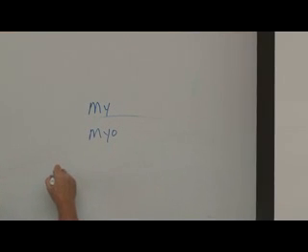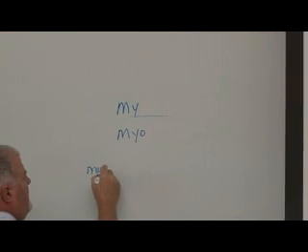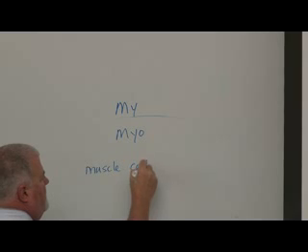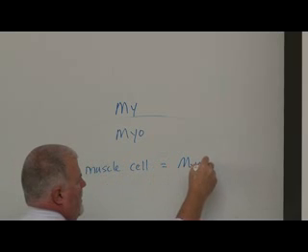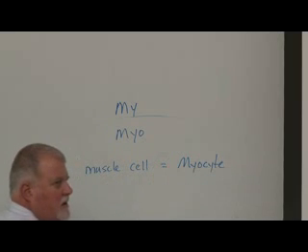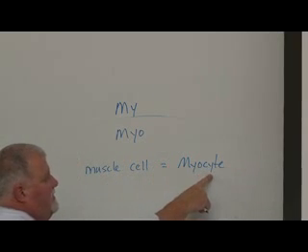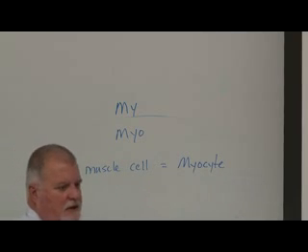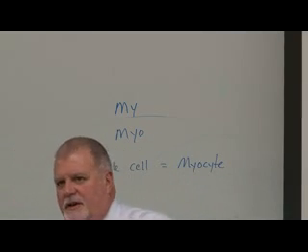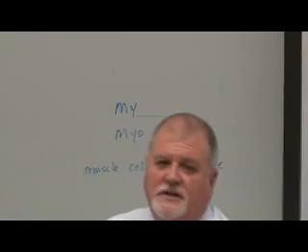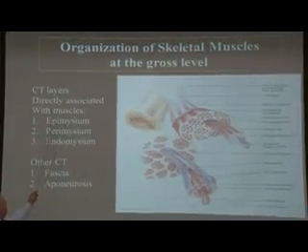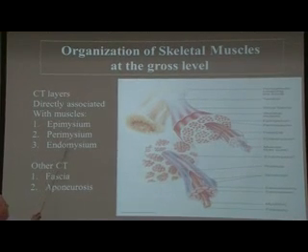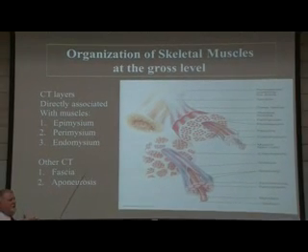So we could write muscle cell, which requires two words, or we could say more technically, myocyte. So myo is muscle, cyte is cell, so myocyte. Myo is incorporated into things uniquely associated with muscle. So the connective tissue itself has my in its name: epimysium, perimysium, endomysium. So that's telling us it's associated with muscle.